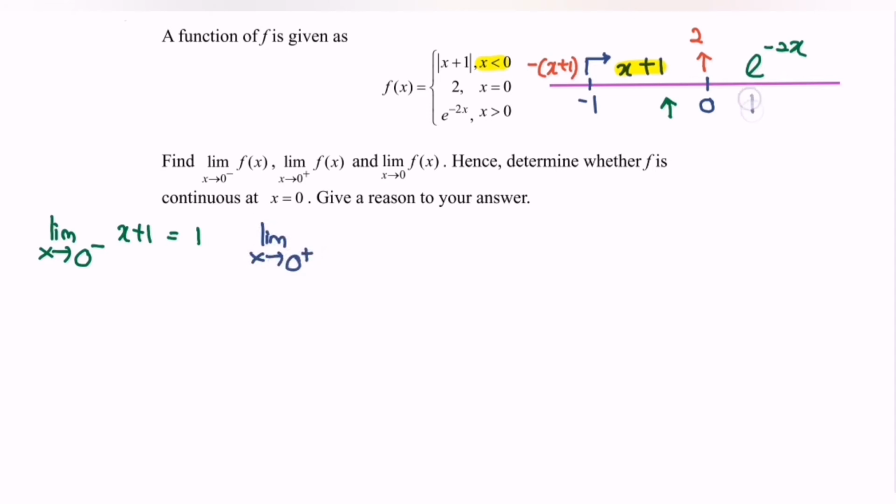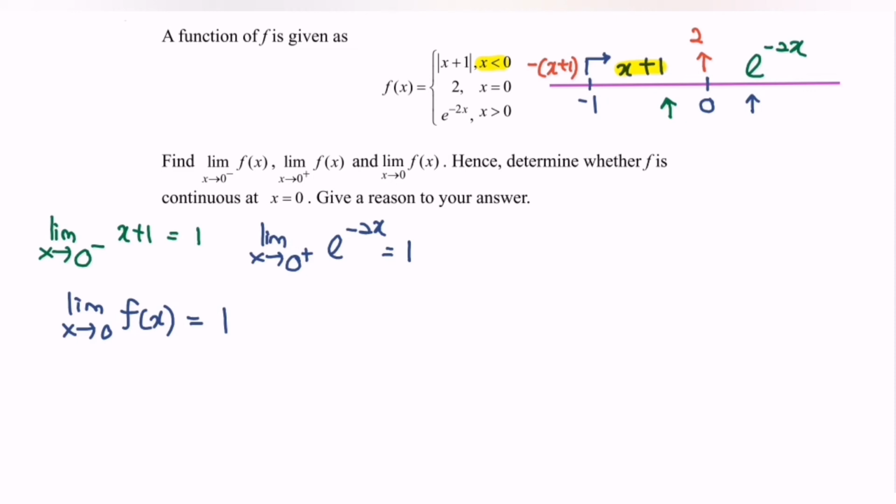The function would be e to the power of negative 2x. If we substitute the value 0 from the right, e to the power of 0, we will obtain 1. So the limit when x approaches 0 for the function f(x) is approaching 1. That is the situation for the first part of the question.